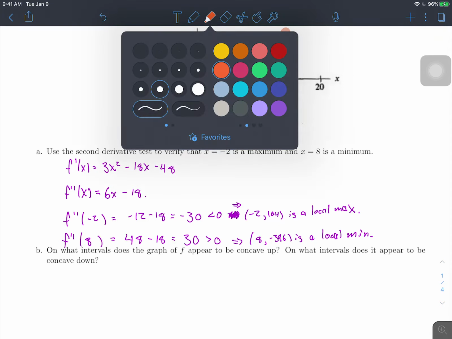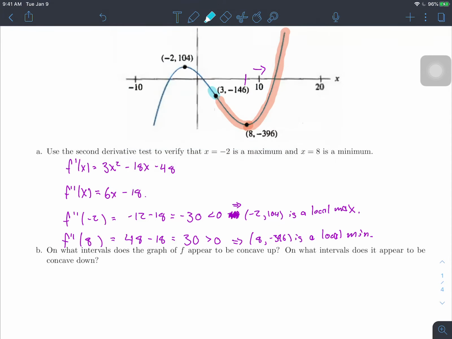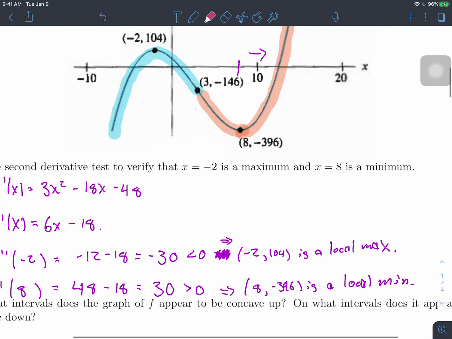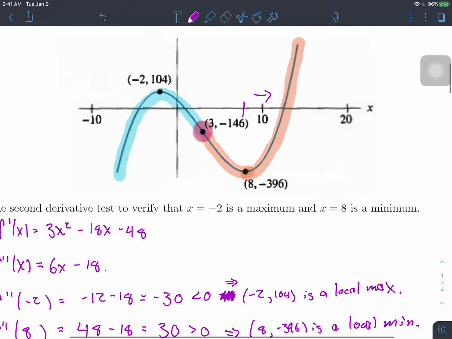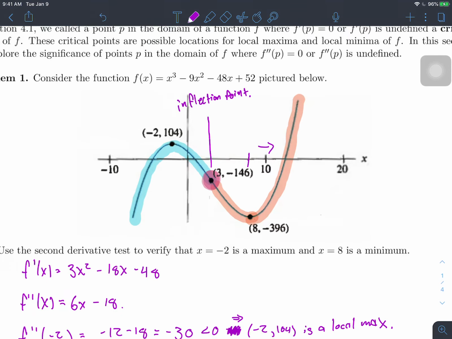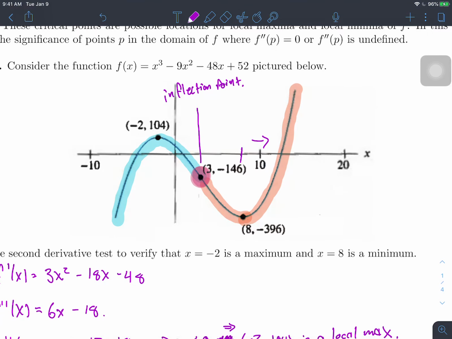And we'll use a different color to describe the place where we are concave down. And what happens right in the middle is called an inflection point.